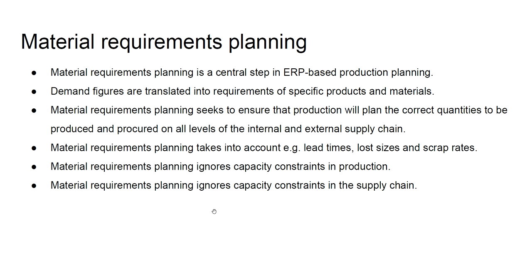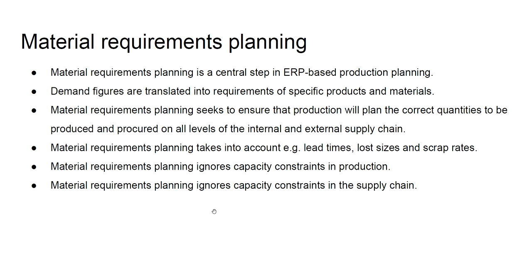And this step does take into account, for example, lead times. It takes into account lot sizes and scrap rates, and aims at quantifying how much of which product and what material needs to be produced, so available at what point in time.